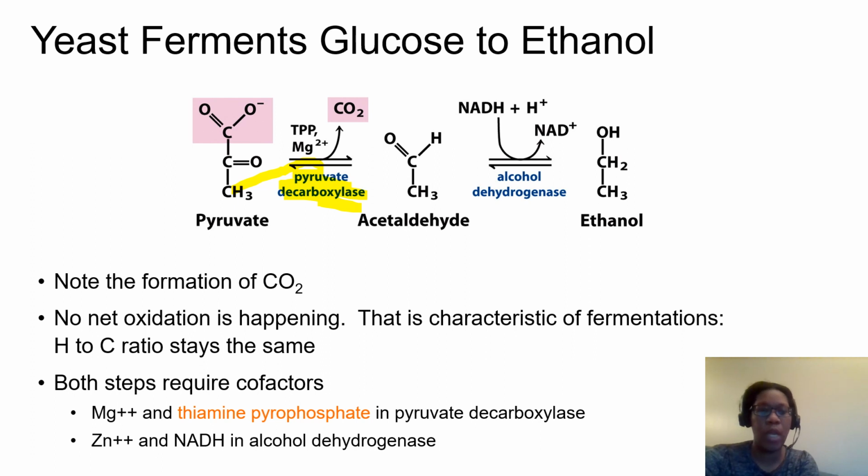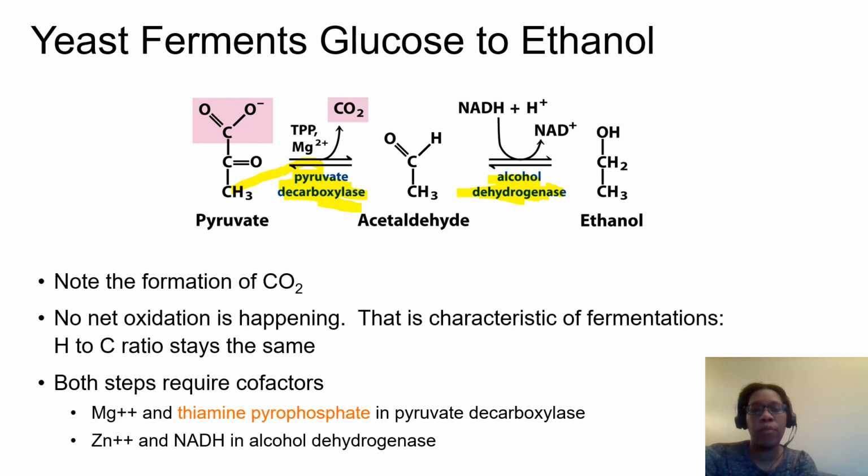So we go from pyruvate to acetaldehyde to ethanol, utilizing an alcohol dehydrogenase. So this actual reaction is named, or the enzyme is named for the reverse reaction, alcohol dehydrogenase. And there again, we are converting NADH to NAD+.